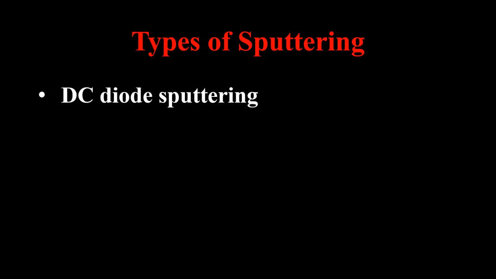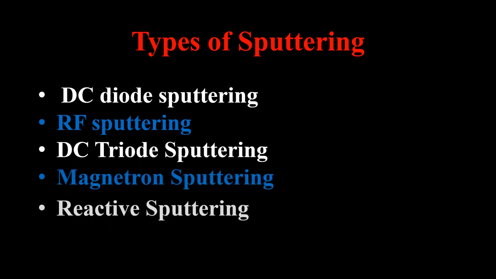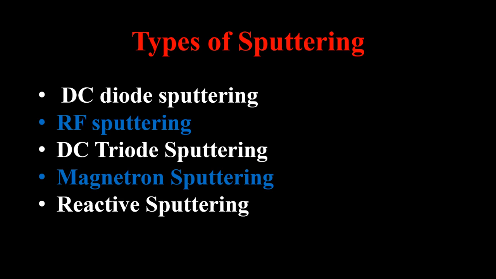Now coming to the types of sputtering. Sputtering is basically divided into 5 different types, known as DC diode sputtering, RF sputtering, DC triode sputtering, magnetron sputtering, and reactive sputtering.